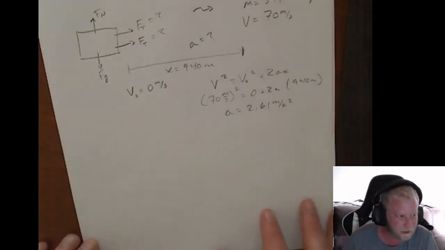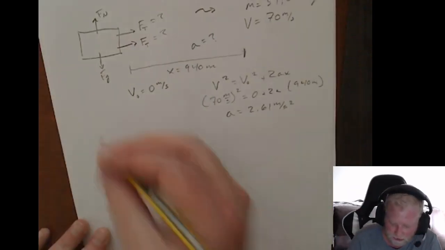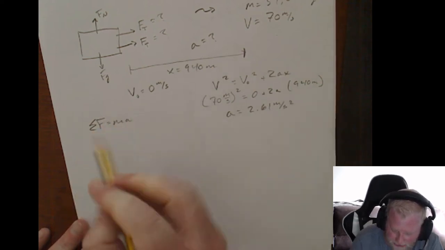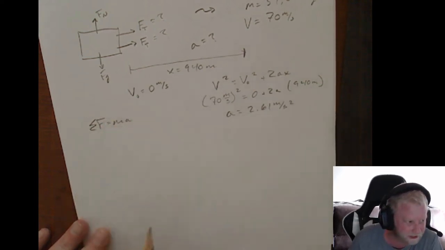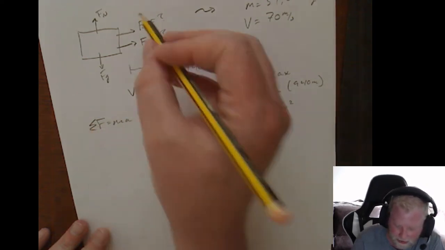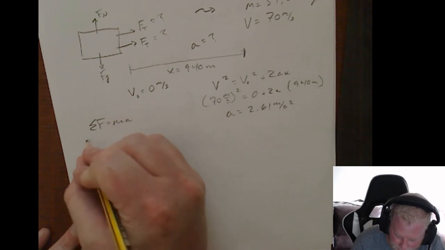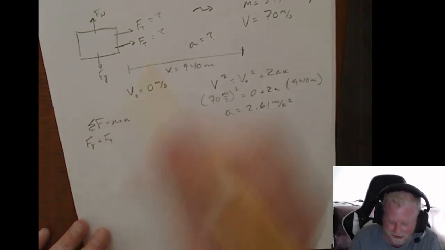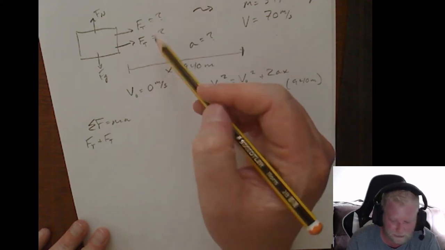Now if we look at our net force equation, Newton's second law, that tells us that if you have an imbalanced force, masses accelerate. Our net force in this scenario is the sum of your two thrust forces. Again, we're adding these together because they go the same direction.